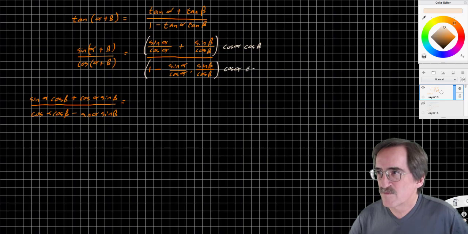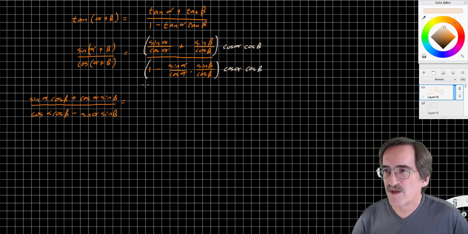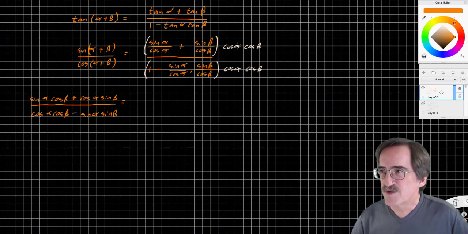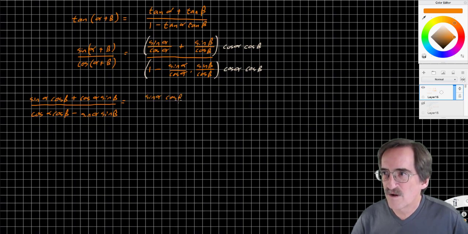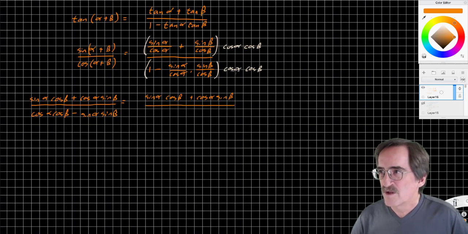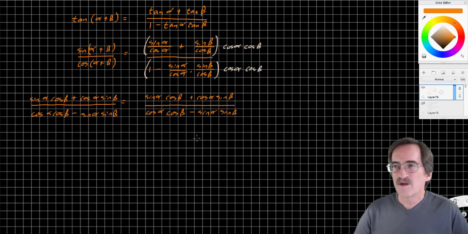Multiply top and bottom by this, and we end up with cosine alpha cancels, leaving sine alpha cosine beta, plus cosine beta cancels, leaving sine beta cosine alpha, which can also be cosine alpha sine beta, all over cosine alpha cosine beta times 1 is cosine alpha cosine beta, minus cosine alpha cosine beta cancels, leaving just the numerator sine alpha sine beta. Okay, and there we have it.